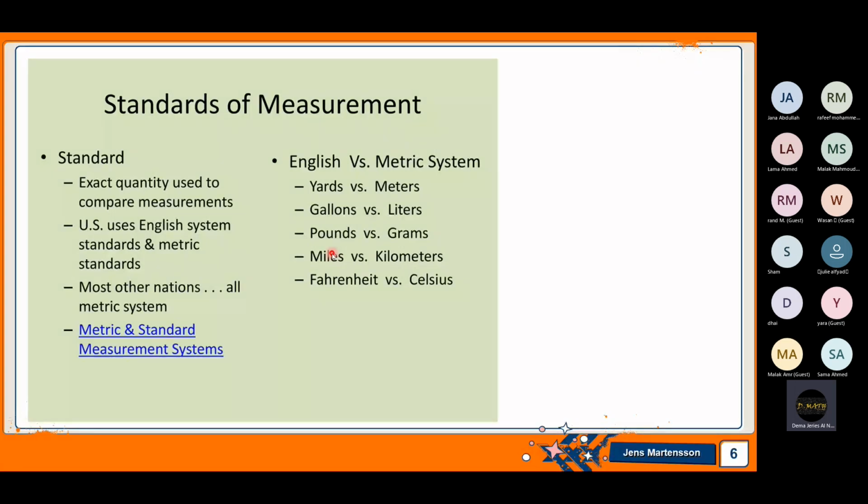And the last one, for temperature, they don't say the temperature today is 7 Celsius; they say, as an example, 75 Fahrenheit. So all of these units, yards, gallons, pounds, miles, and Fahrenheit, are used to measure length, weight, capacity, distance, and temperature in America.